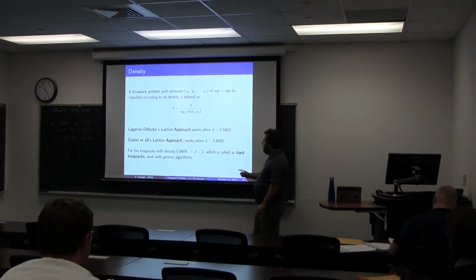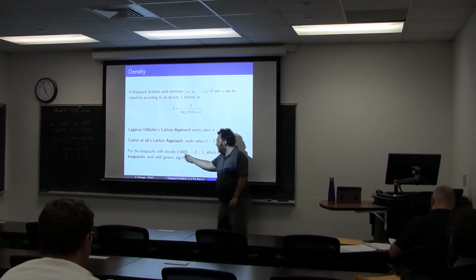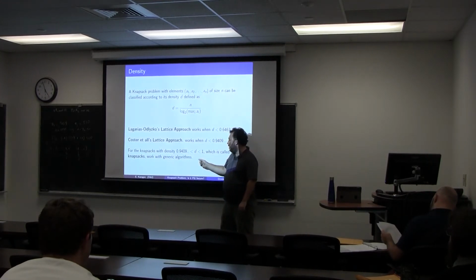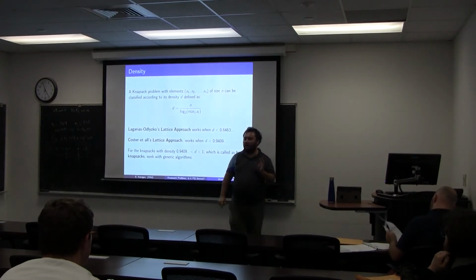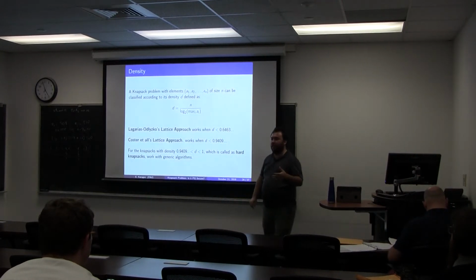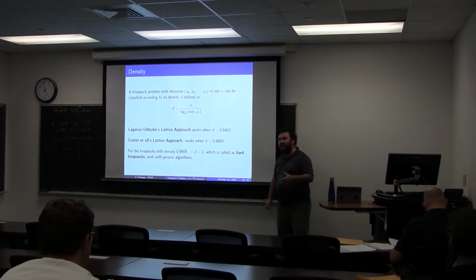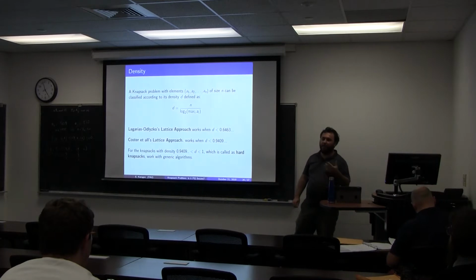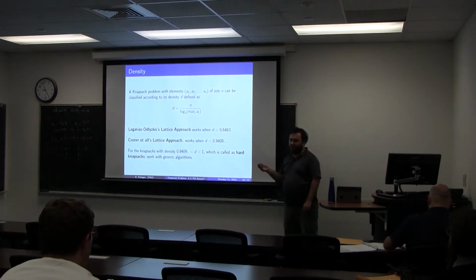But between this number and 1, the knapsack problems having density between these two numbers are considered hard knapsacks, which means we are not successfully able to apply lattice reduction.